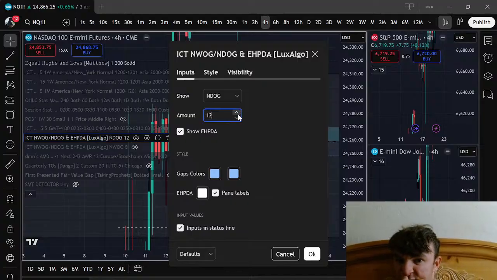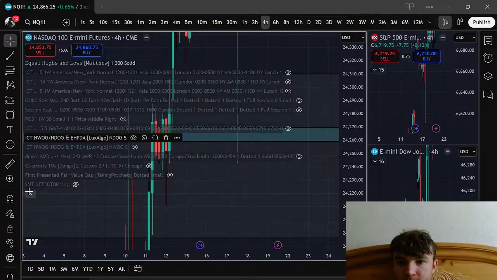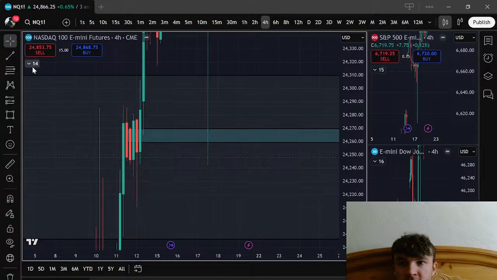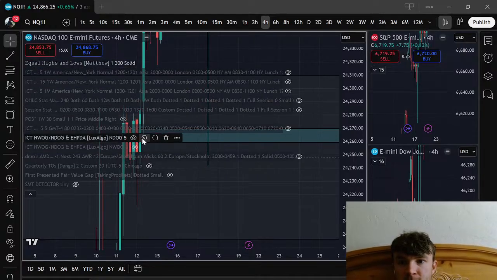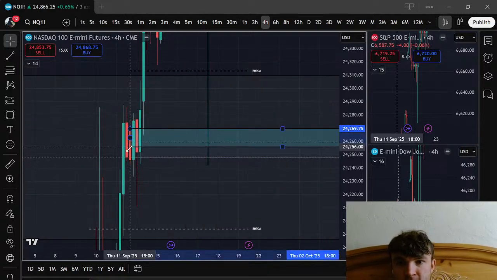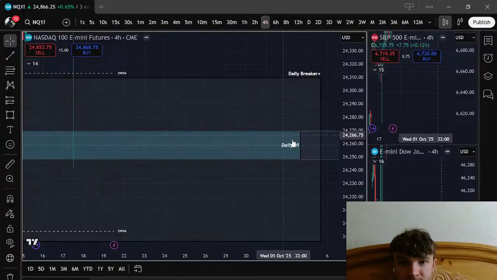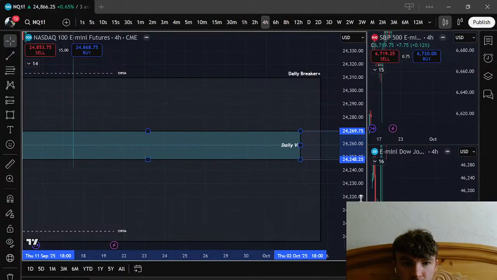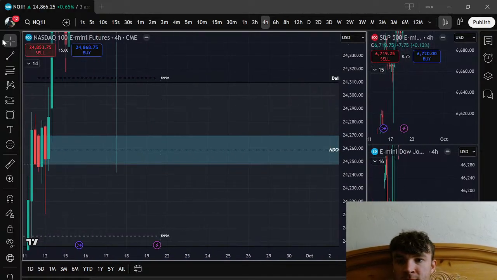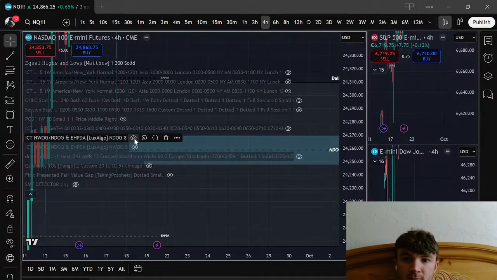I don't know. I'm still trying to figure it out. Let's just call it the new day opening gap, though. So the new day opening gap is from here to here. Might need to do more backtesting to figure it out, though. But it doesn't really matter.